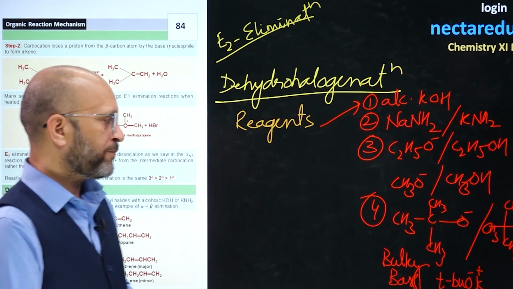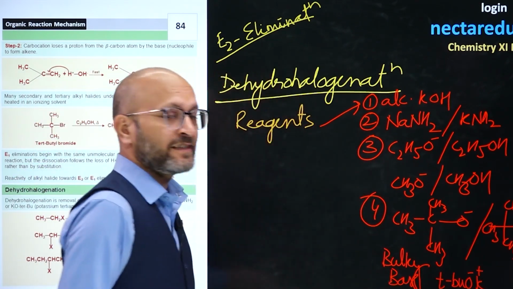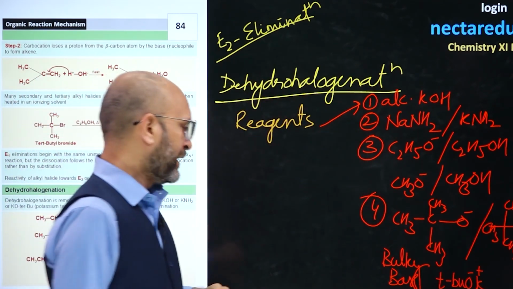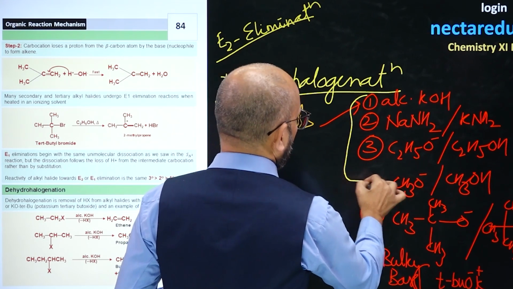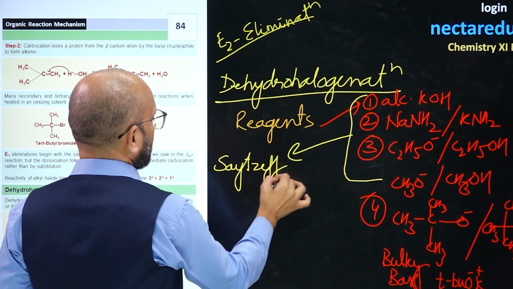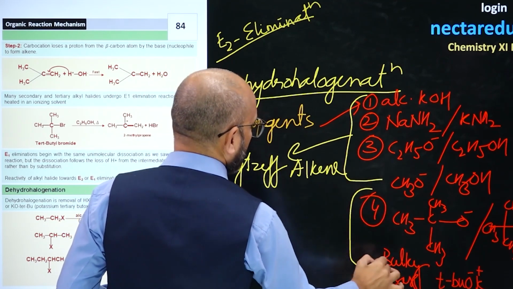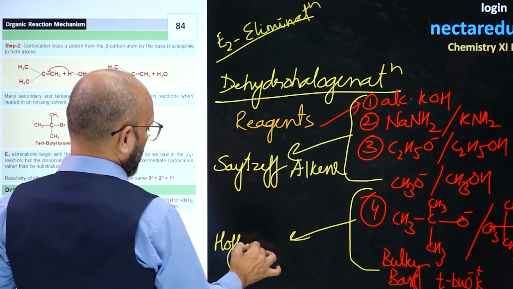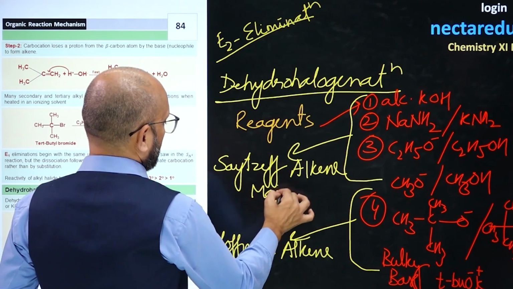You have to remember what reagents do what. These reagents do dehydrohalogenation. The top three reagents will give Saytzeff alkene as the major product, whereas the fourth, the bulky base, will give Hofmann alkene as the major product.